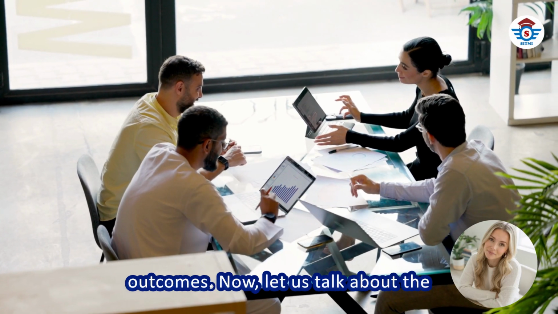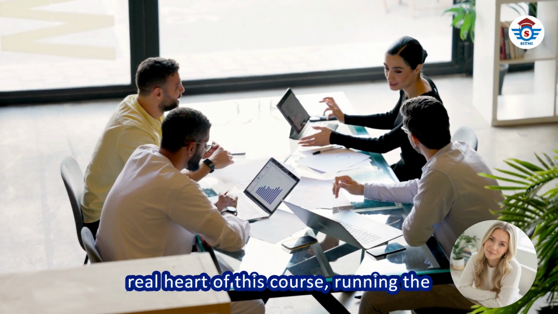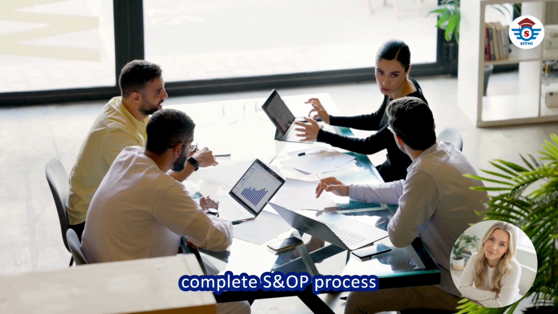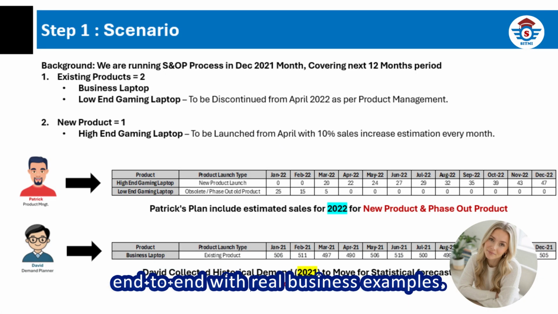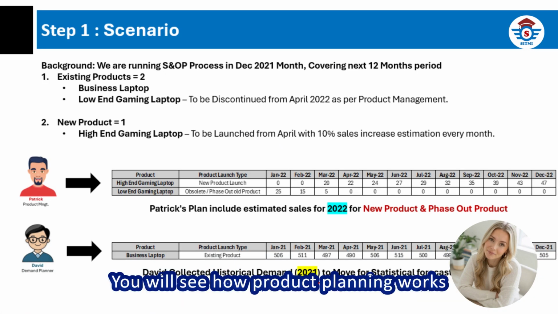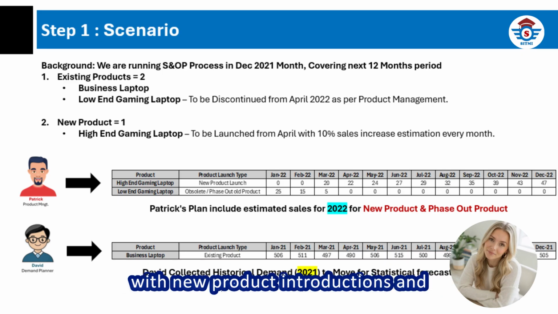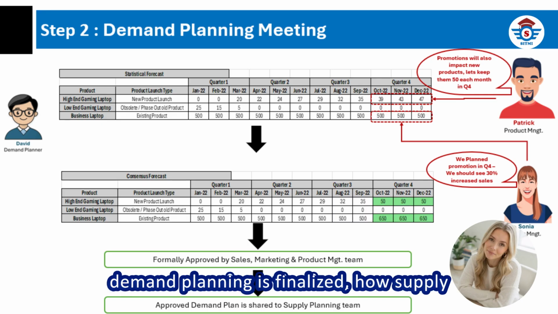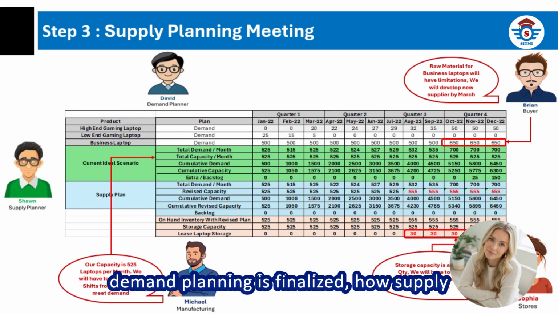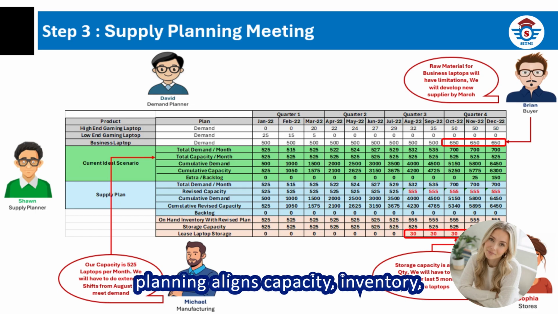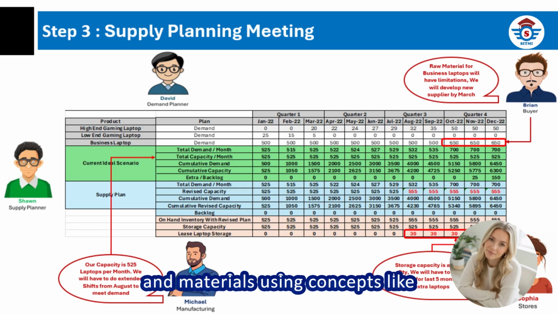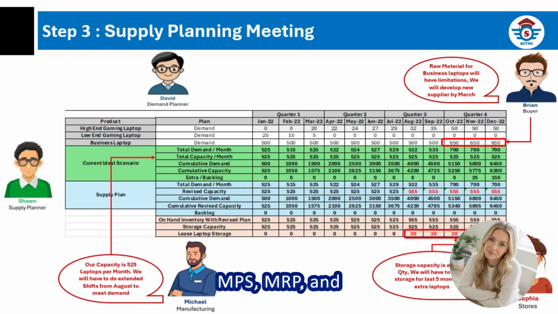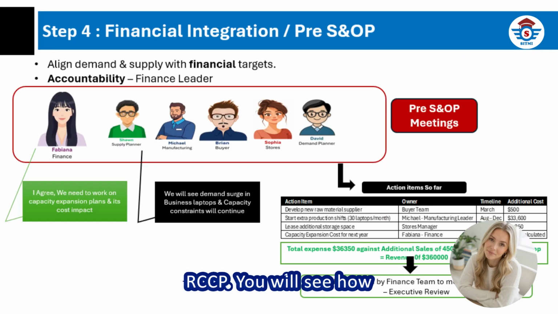Now, let us talk about the real heart of this course, running the complete S&OP process end-to-end with real business examples. You will see how product planning works with new product introductions and phase-outs. You will understand how demand planning is finalized, how supply planning aligns capacity, inventory, and materials using concepts like MPS, MRP, and RCCP.